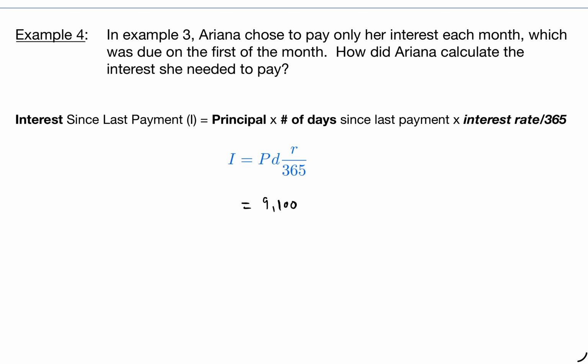So since last payment would be 31 days, since there are 31 days that elapse from 1 month to the next, and then times the interest rate, which was 0.0429 divided by 365, and punching that into the calculator, we would get $33.16. So this is the interest that Ariana needed to pay each month while she was in school.